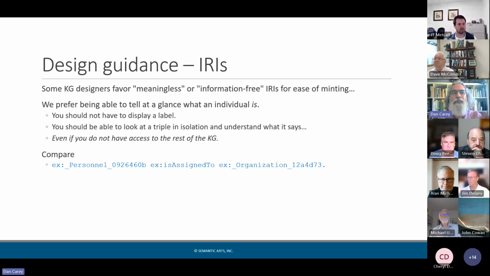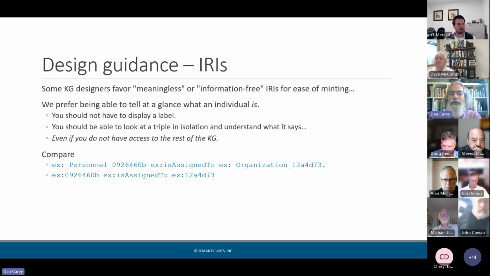If you look at that triple as a human, you can understand what's going on. The computer wouldn't care one way or another, but as a human, you can look at this triple and understand it. Compare that to something where you really do have anonymous IRIs: 09264 is assigned to 12AD4D.